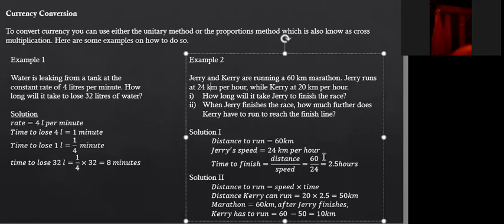So when Jerry finished the race in 2.5 hours, Kerry had reached 50 kilometers. To find the distance that Kerry has left to run, we need to subtract the 50 from the 60, and we get 10 kilometers. So Kerry has to run 10 kilometers to finish the marathon after Jerry finished running the marathon.